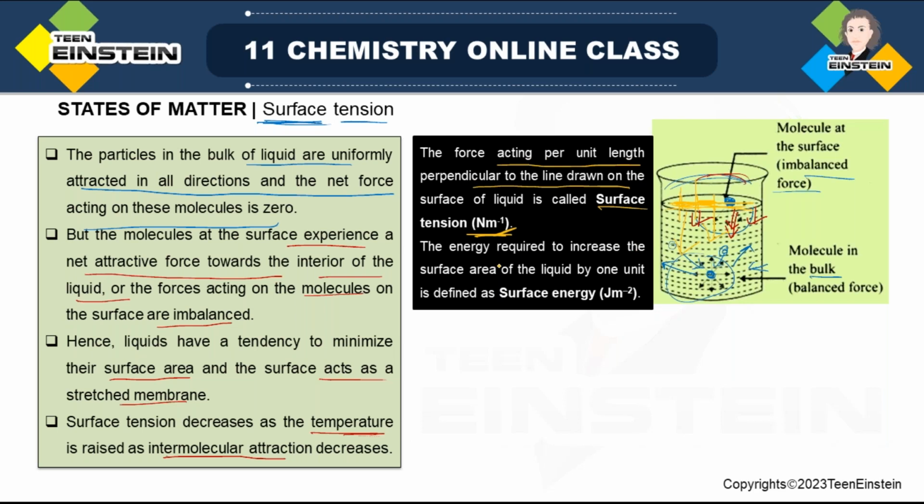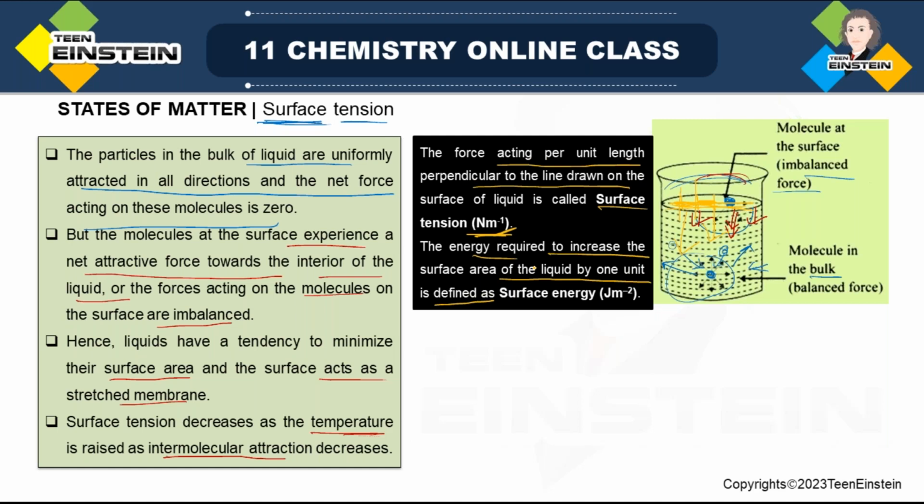But if you want to say it in terms of energy, that is also fine. You can say that surface tension is the energy required to increase the surface area of the liquid by 1 unit. Why energy will be required? Because there is an inward pull, and the liquid will be trying to minimize the surface area as much as possible. So if you want to increase surface area, you have to provide energy.